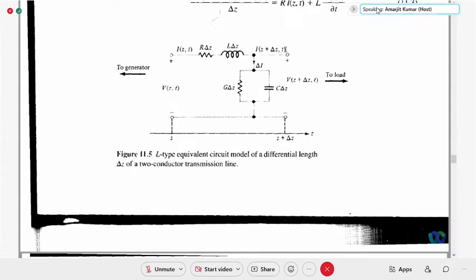Now we have to apply Kirchhoff's voltage law. First apply Kirchhoff's voltage law, then we will apply Kirchhoff's current law. So what will be Kirchhoff's voltage law?